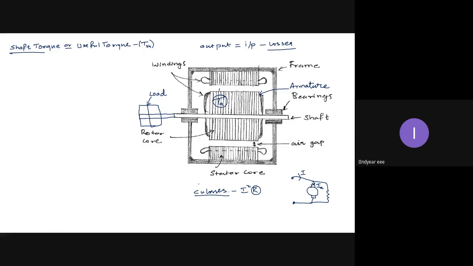But not only copper losses are present in the motor. The armature is nothing but an iron structure with slots on its outer periphery with conductors housed in it. So the iron structure will have iron losses. So we have iron losses in the armature.